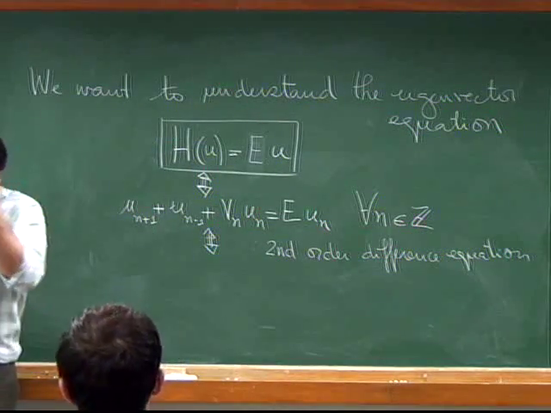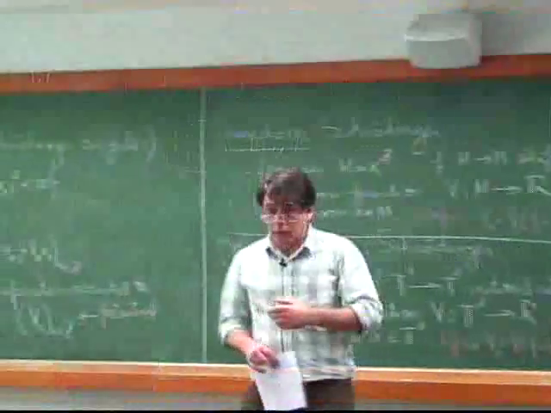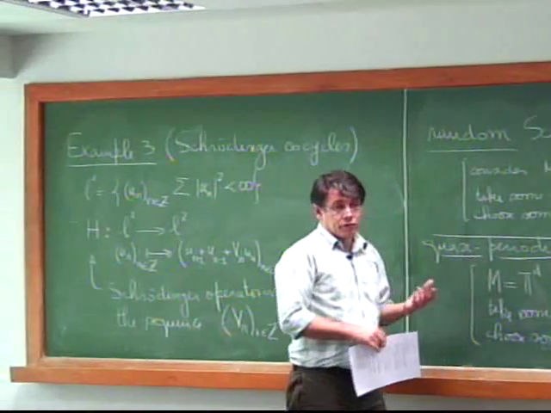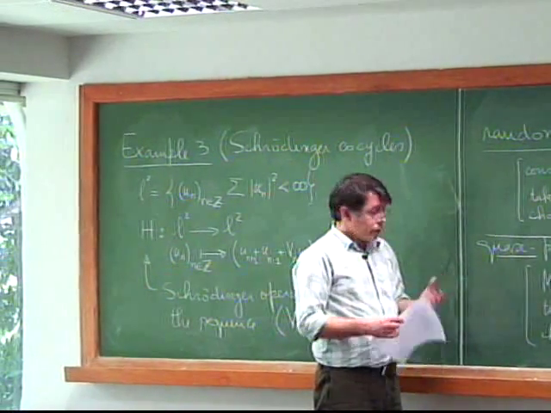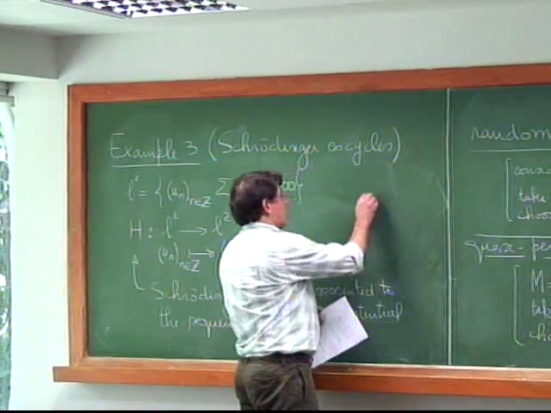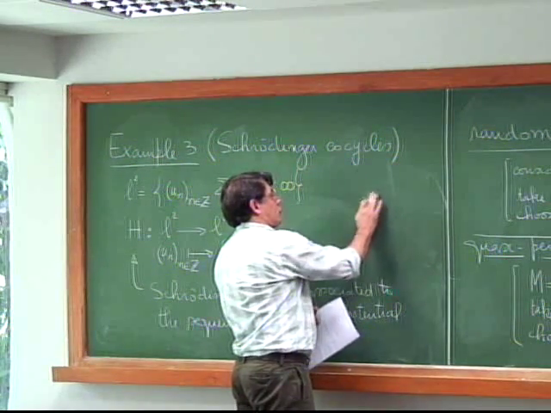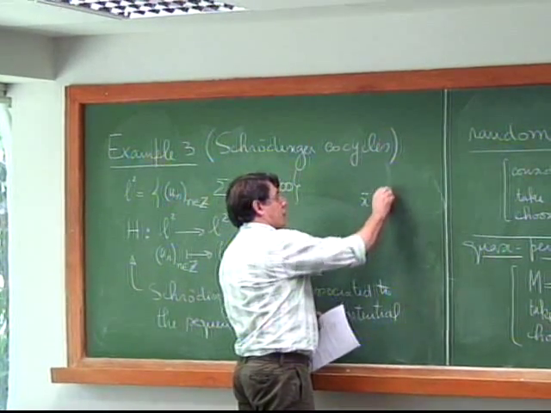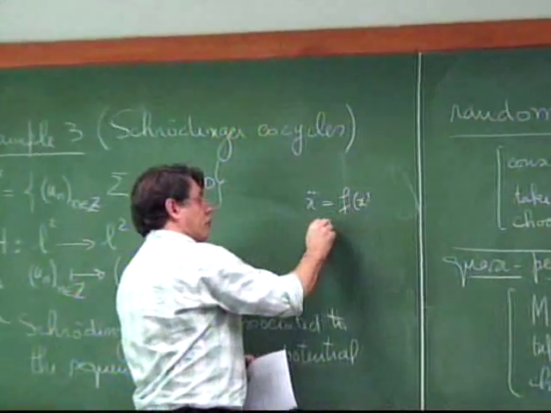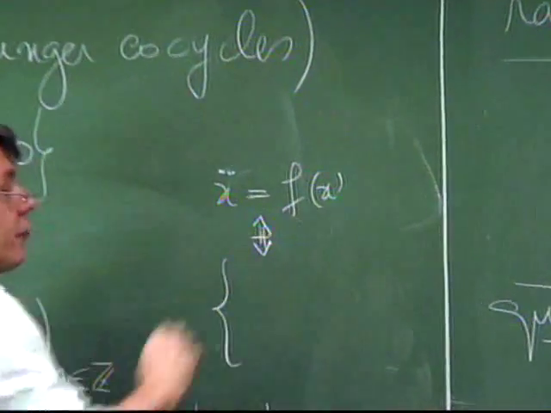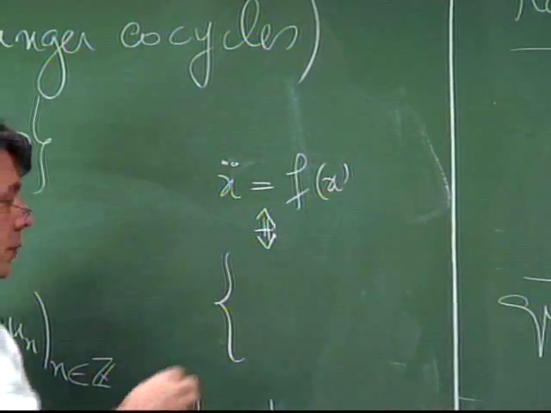And when you have a second order differential equation, you can always transform it into a first order differential equation. That's this trick. If you have x double dot equals f of x, you can transform this into a first order equation by using this trick.